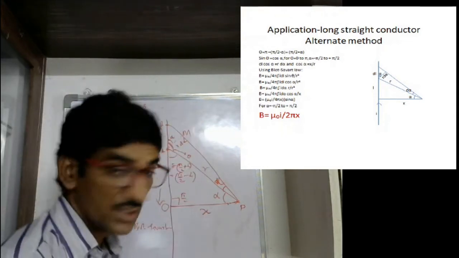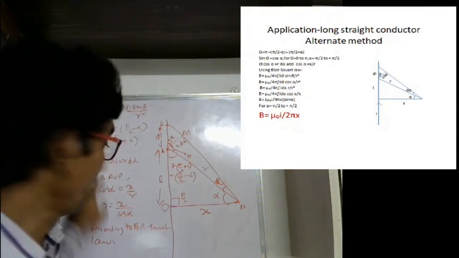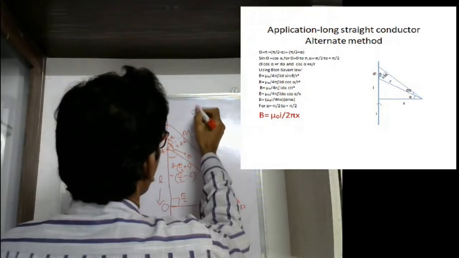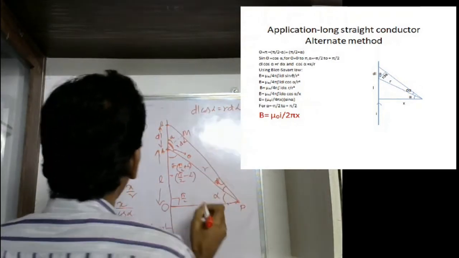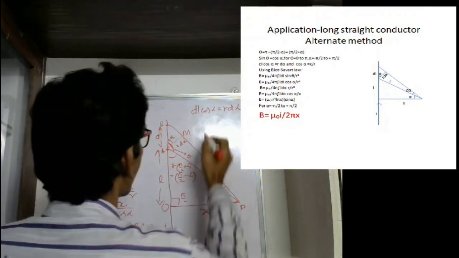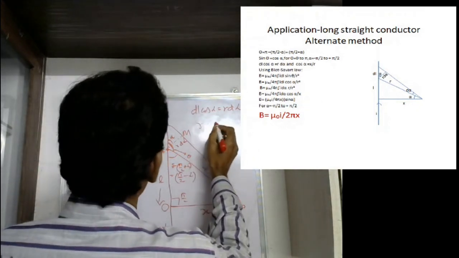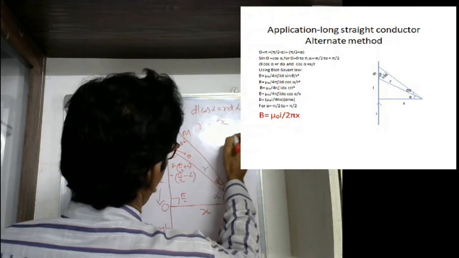Now I will write these two equations here which we already arrived at: dl cos alpha is equal to r d alpha, and r is equal to x by cos alpha.